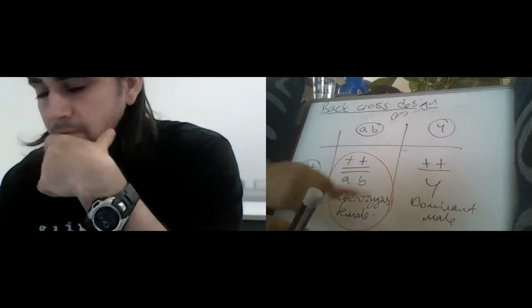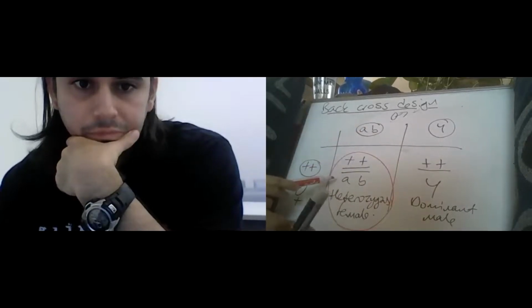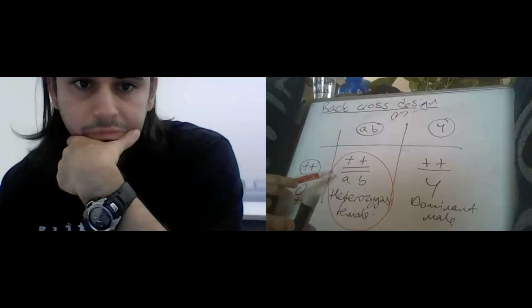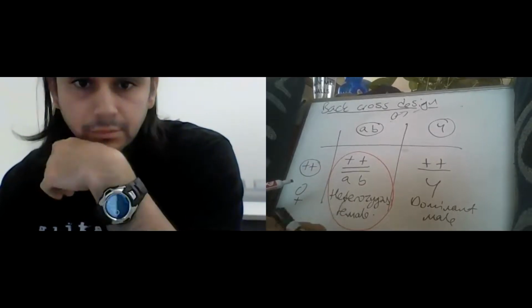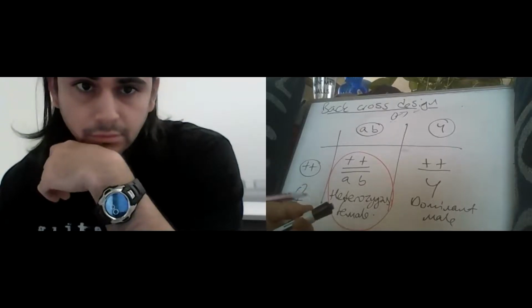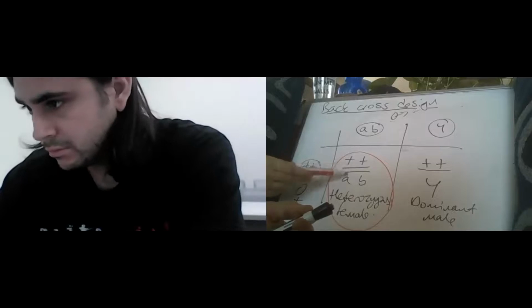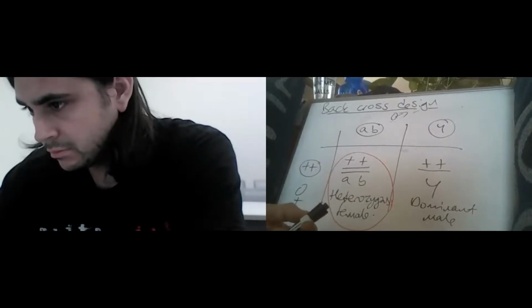We're going to keep these and throw away these ones, because these are the individuals in which recombination may occur. Because to be able to see recombination, you need individuals that are heterozygous for both of those genes.